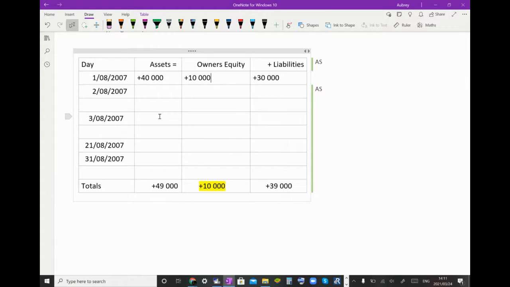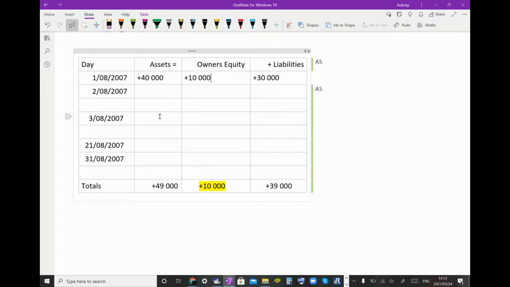The question we ask ourselves, plus or negative, is based on how the transaction affects the column. If I buy equipment, is that going to increase or decrease my assets? It's going to increase, so I put a plus and the value of the equipment.